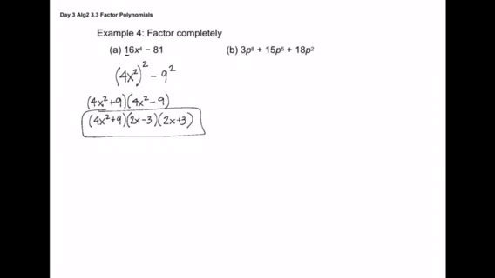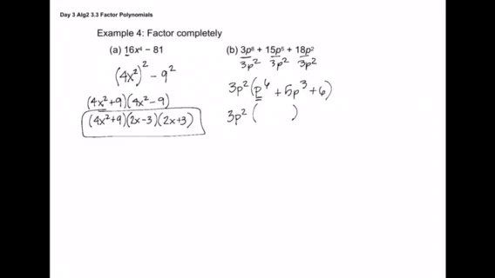Looking at example B, I recognize that these are all divisible by 3p squared. So I factor out a 3p squared. I'm left with p to the 6th power plus 5p cubed plus 6. I then want to make sure I can't factor that further, but in this case it's factorable.